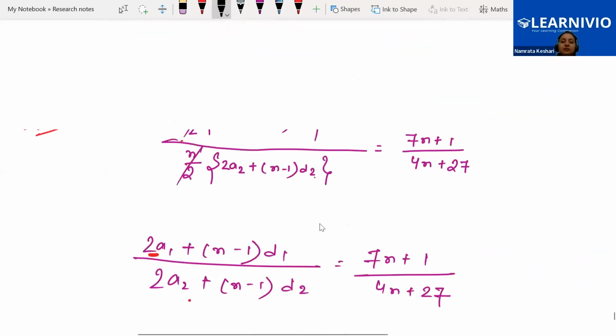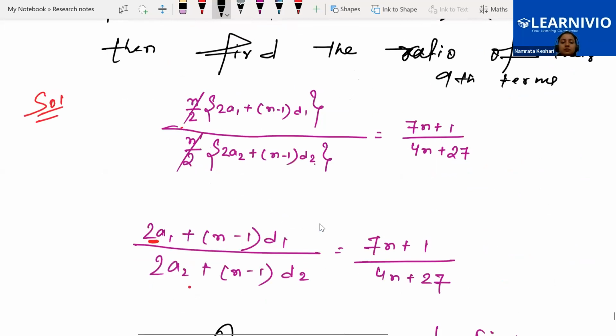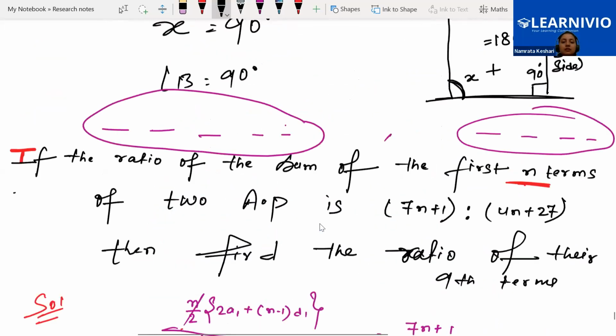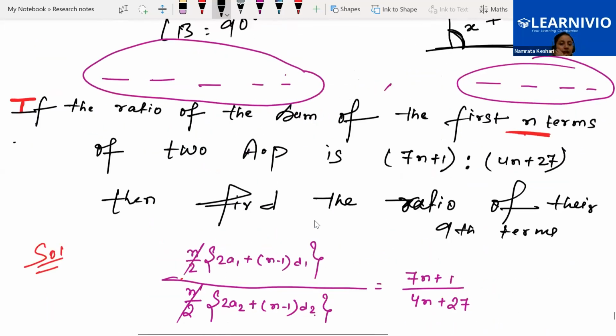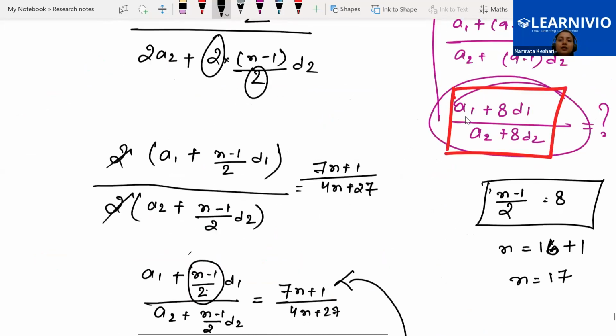Yes, please ask. Ma'am, how did we take (n minus 1) by 2 equals 8? Because we want that term. We want the ratio between the ninth term, right?